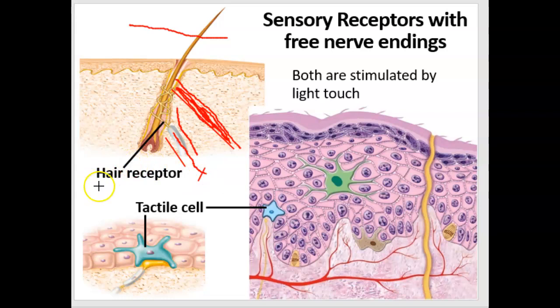So that's an example of a free nerve ending. Another example would be the tactile cell that I mentioned before being associated with a free nerve ending right here. There's no connective tissue wrapping, it's just a single cell.